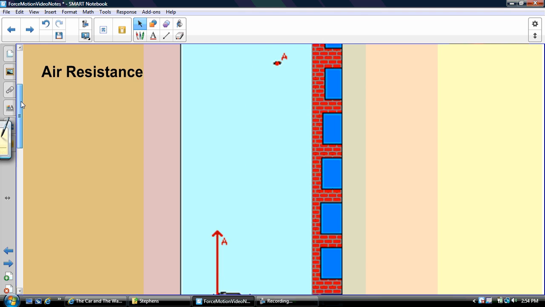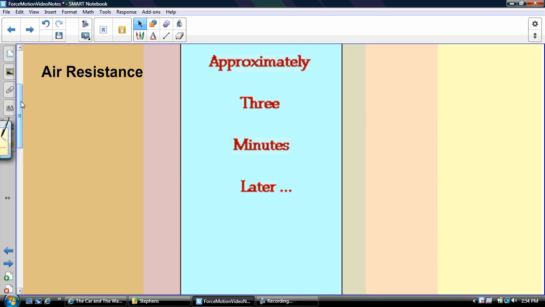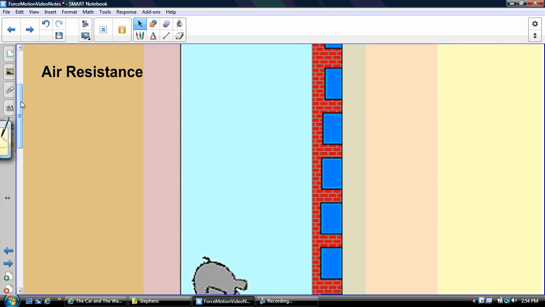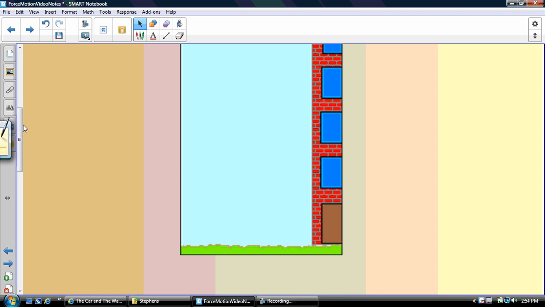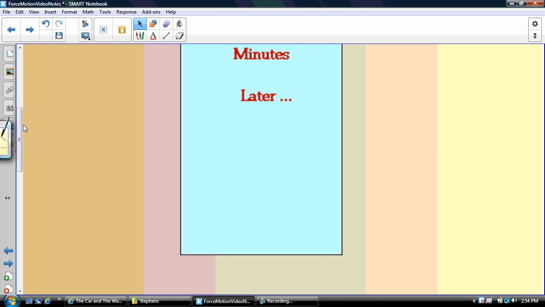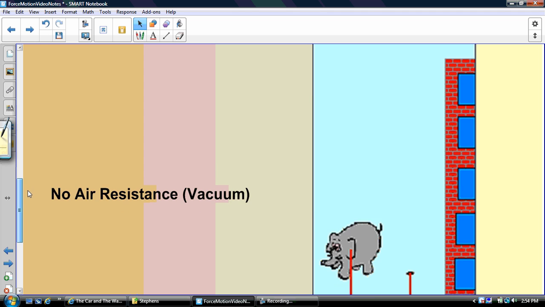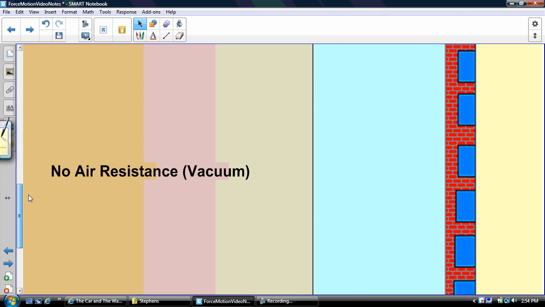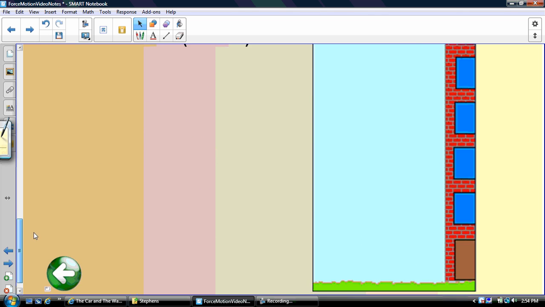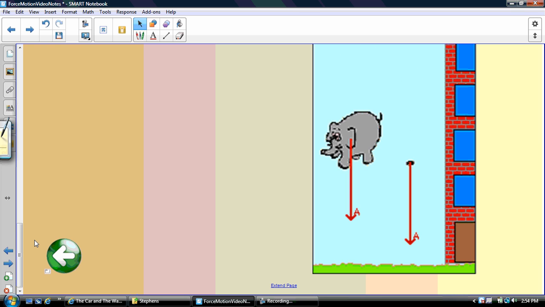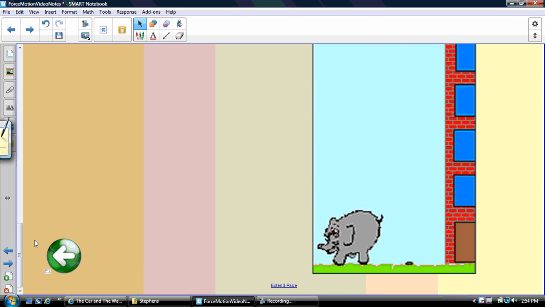So with air resistance being greater on A, that's why the elephant will hit the floor first before object A, because it has less air resistance, so the force of gravity pulls. Now, if you put these two objects where there's no air resistance, in a vacuum, then the elephant and object A are going to hit the ground at the same time.